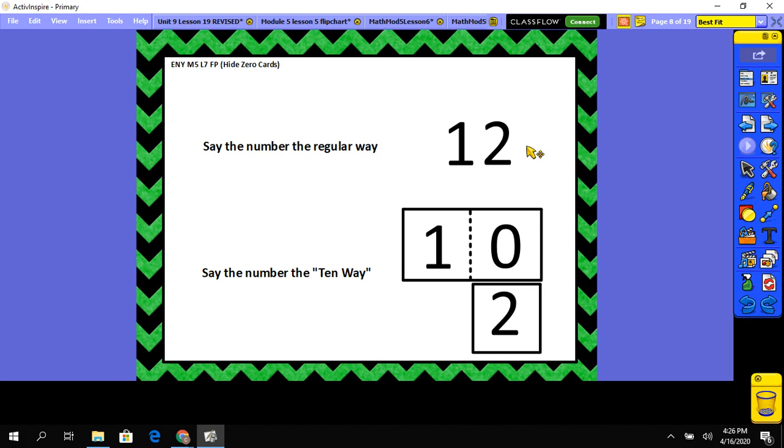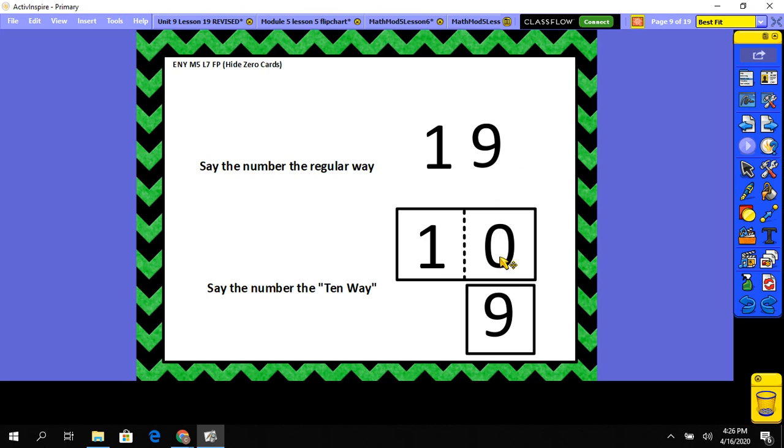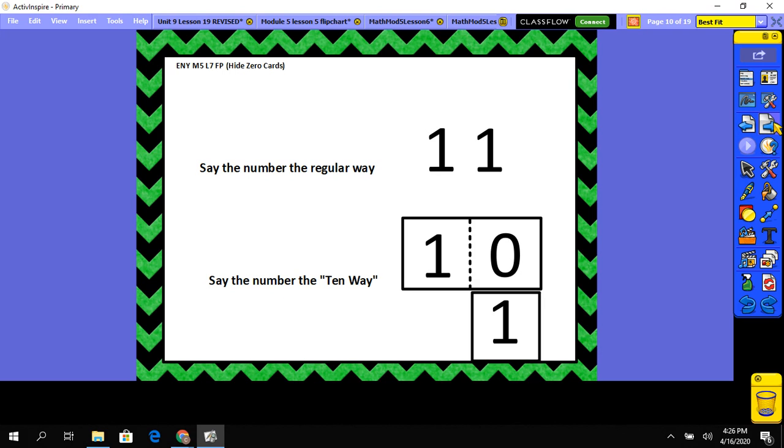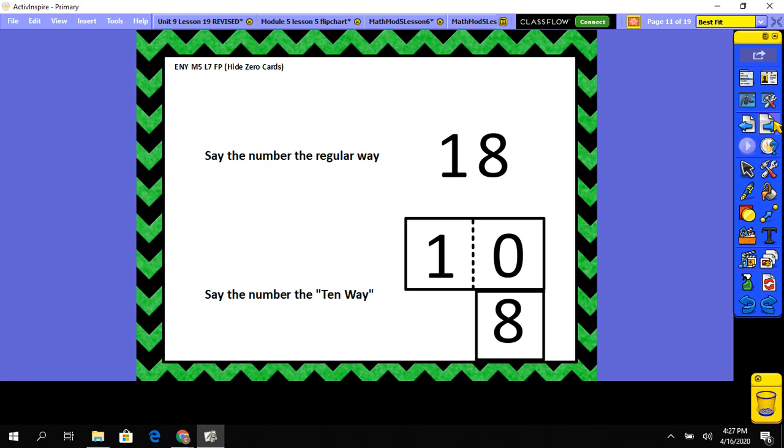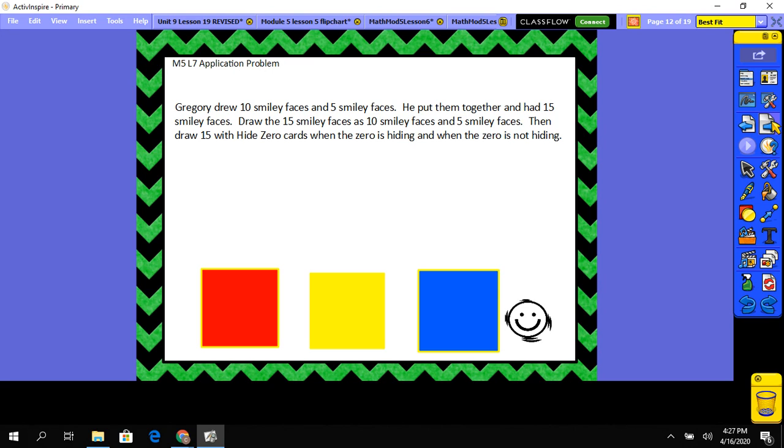Ready? 12, 10, 2. 19, 10, 9. 11, 10, 1. 18, 10, 8. Great job, Cardinals. Now, let's look at a story problem using our teen numbers.